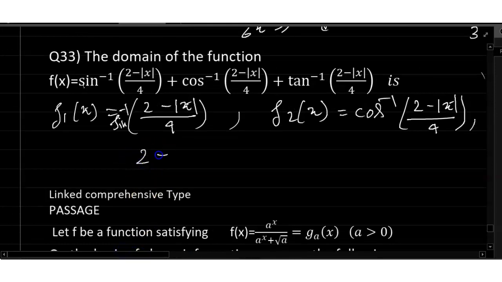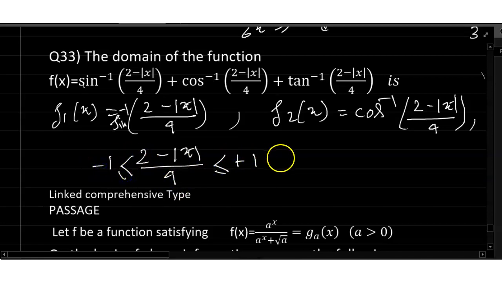2 minus mod x divided by 4 is less than or equal to 1 and greater than or equal to minus 1.